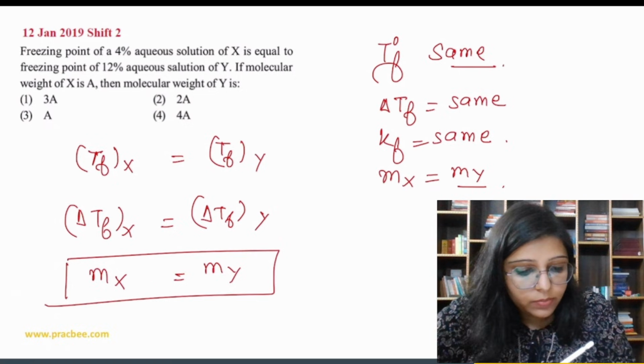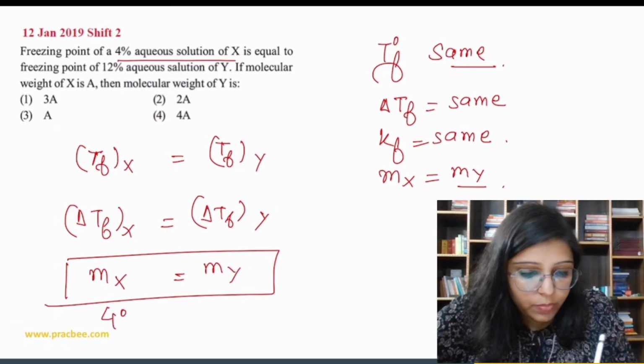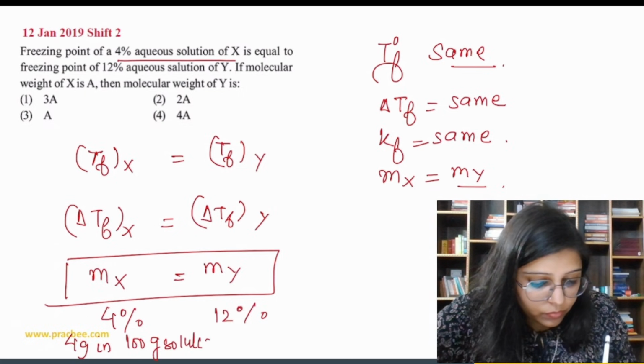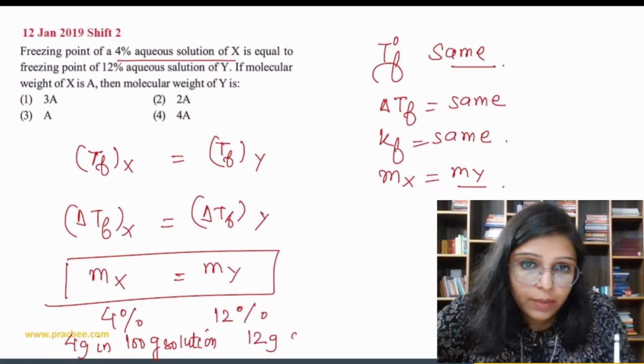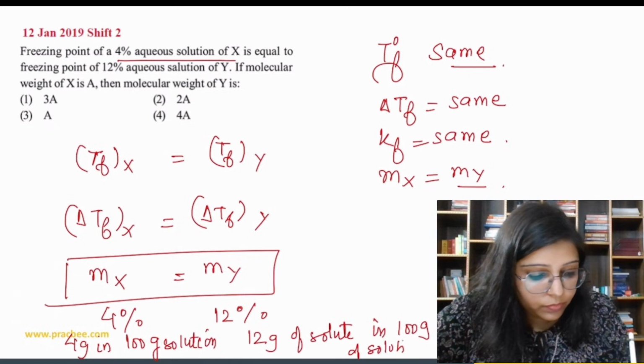So let's solve this. 4% aqueous solution of X. It is 4% and this is 12%. So 4% means 4 gram in 100 gram of solution. Here 12 gram of solute in 100 gram of solution.